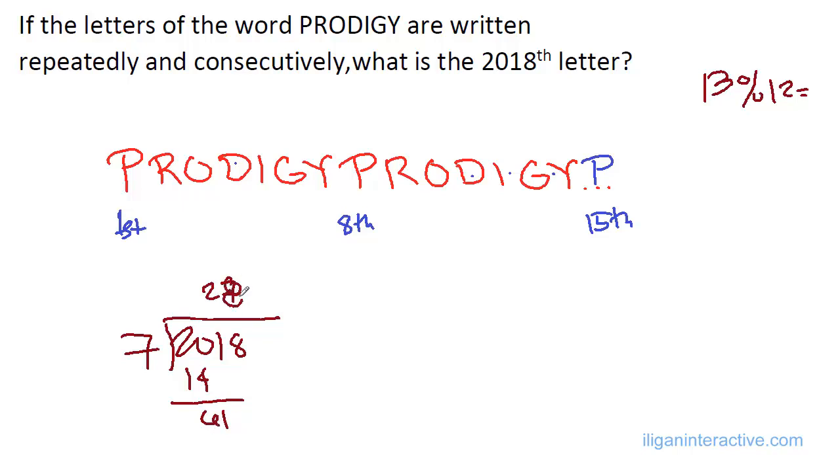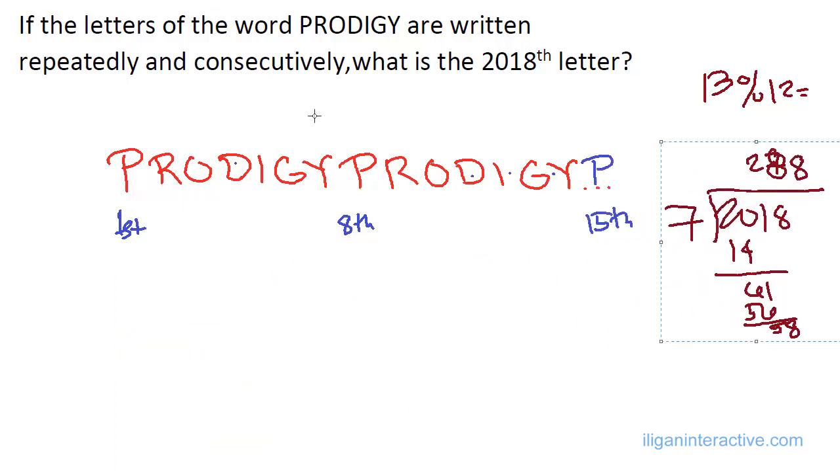I'll get 7 times 8 is 56, and then this will be an 11, and this will be a 5. 58. After I got 58 divided by 7, I have an 8. 58 divided by 7: 8 times 7 is 56, and I have a remainder of 2.